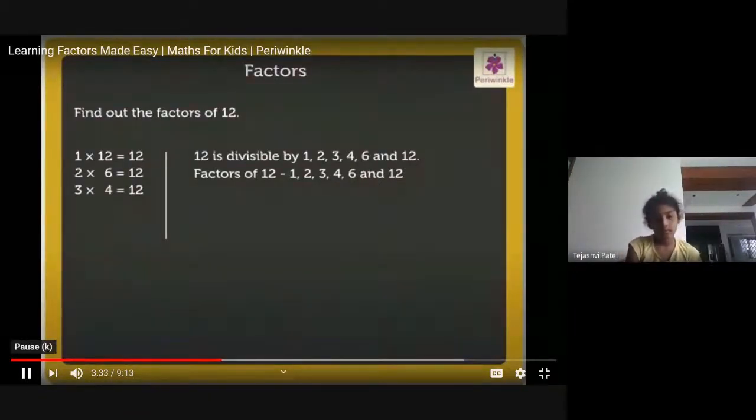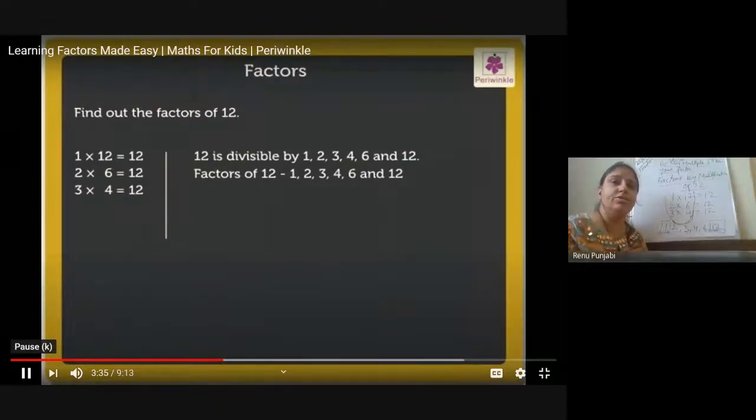See, when I send you the Google form, and when you write the factors, you have to write these factors, and when the last factor is coming, you have to put the word 'and' also: 1, 2, 3, 4, 6, and 12. So when I send you the Google form, based on the different numbers, you need to find the factors in the notebook and write only these factors, because in the Google form you will not get the space to solve it by the method.